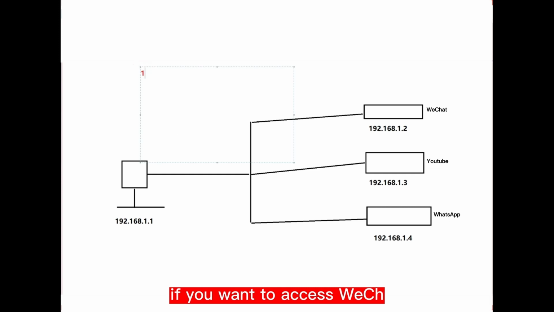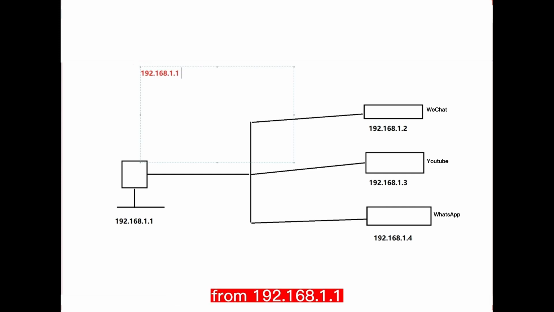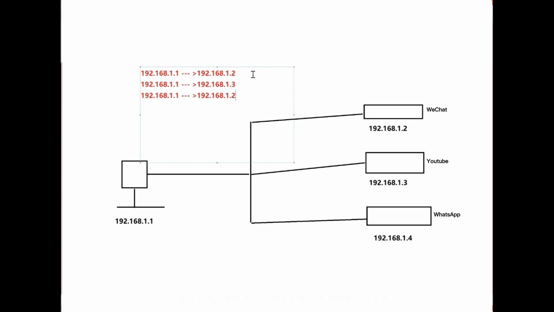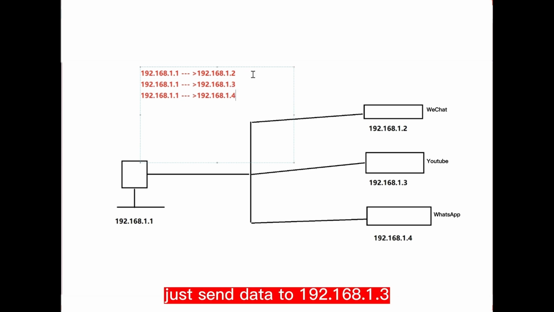If you want to access WeChat from 192.168.1.1, just send data to 192.168.1.2. If you want to visit YouTube, just send data to 192.168.1.3. To access WhatsApp, just send data to 192.168.1.4.